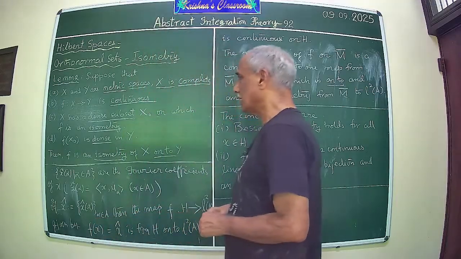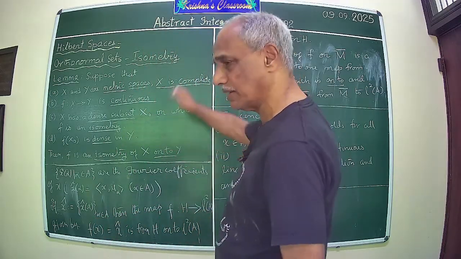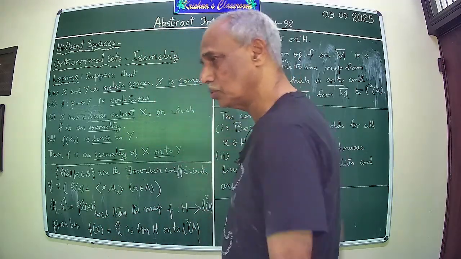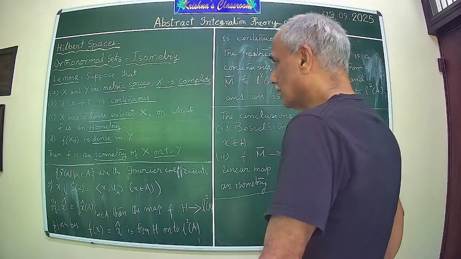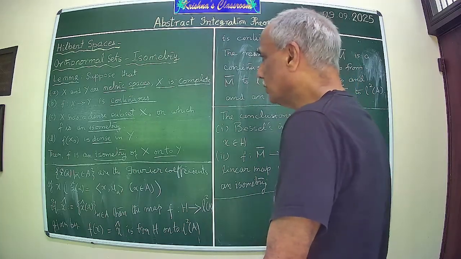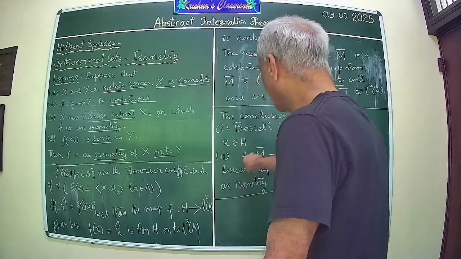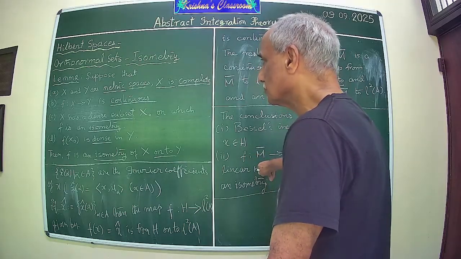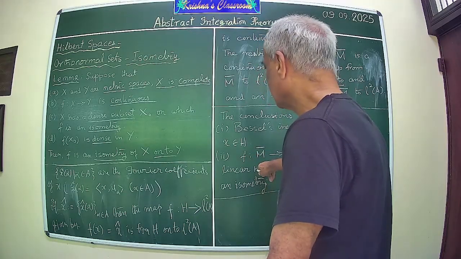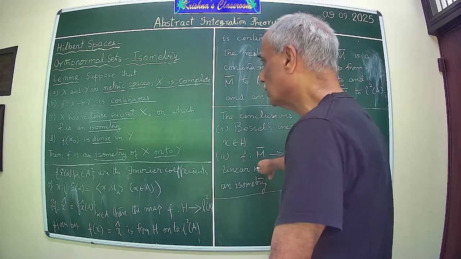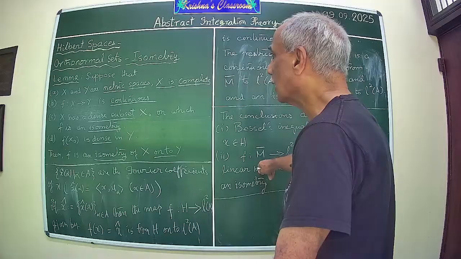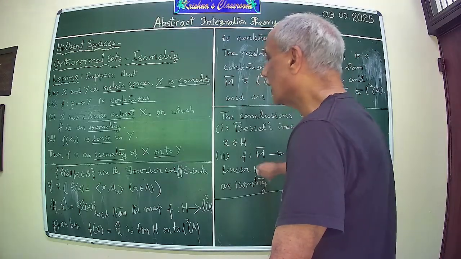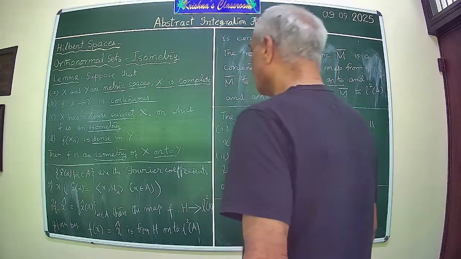Now you see, it's a perfect tool to prove this theorem. Because here you take X to be M closure. M closure is a closed subspace of a Hilbert space.